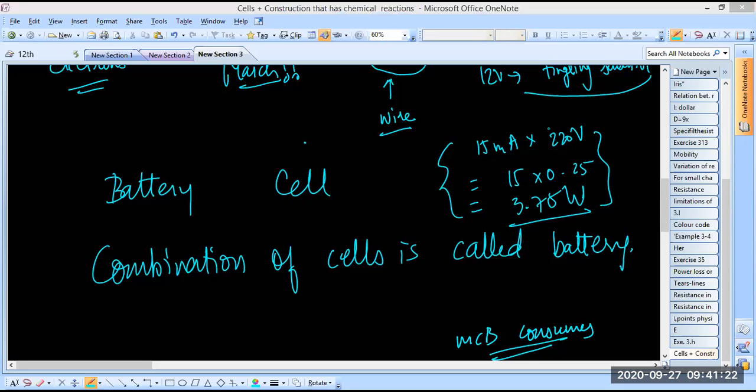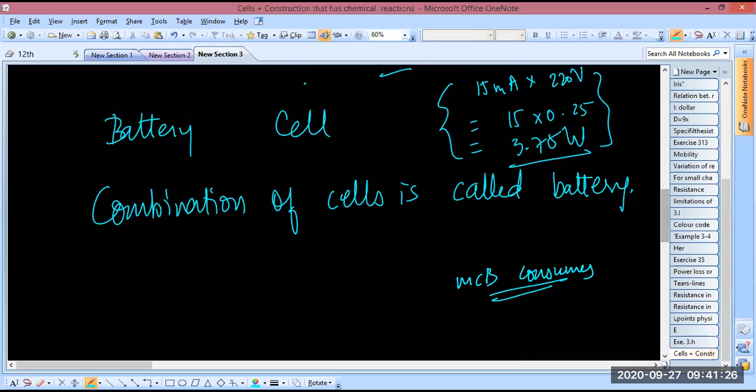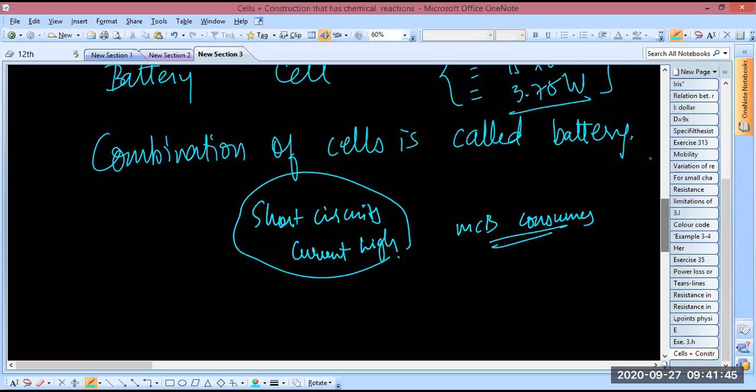But it's a truth that MCBs will only trip when there is a short circuit, and short circuits occur and cause the current to be high. That is what is called a short circuit. Okay, let's go to the next thing now.